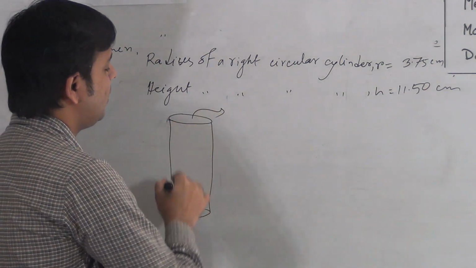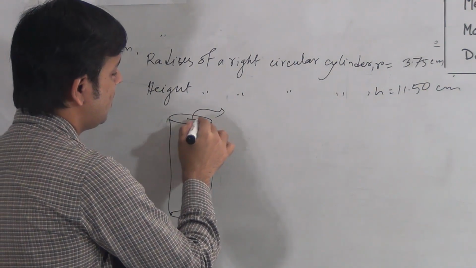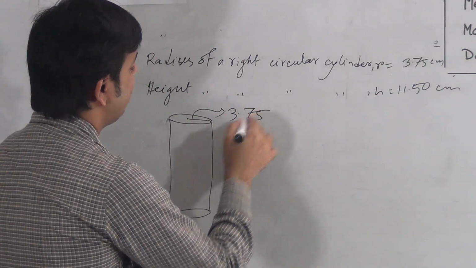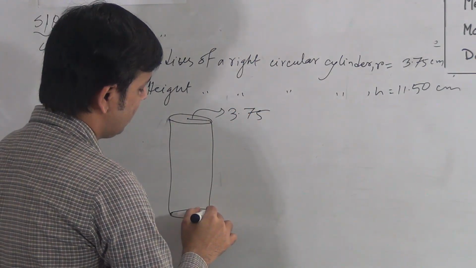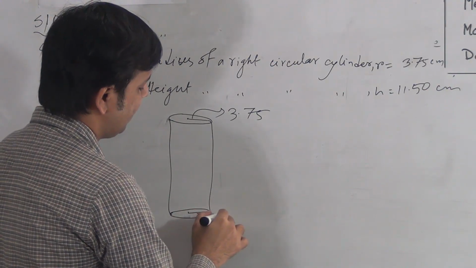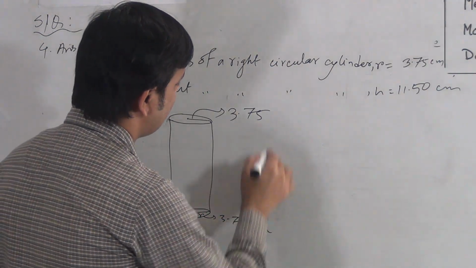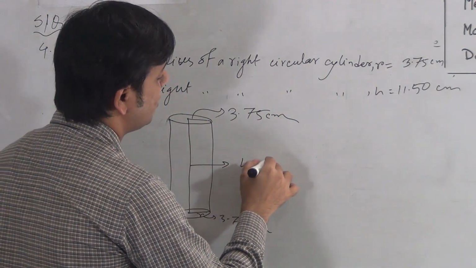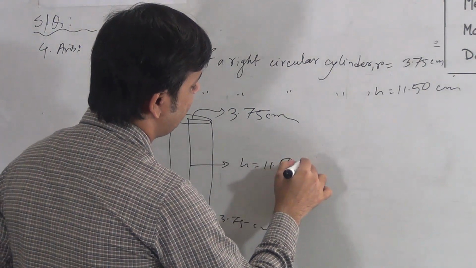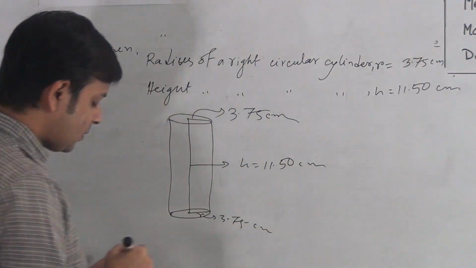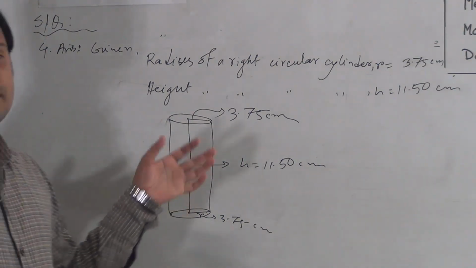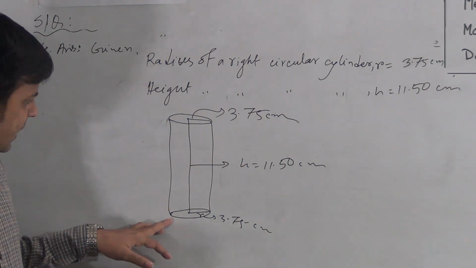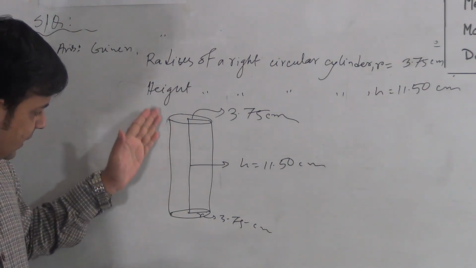This is a circle whose radius is 3.75, so this is also radius R, 3.75 centimeter, and this is the height H, that is 11.50 centimeter. We need to determine the total surface area. Dear students, you are looking here. This surface is a circle, this surface is a circle, and this is a curved surface.